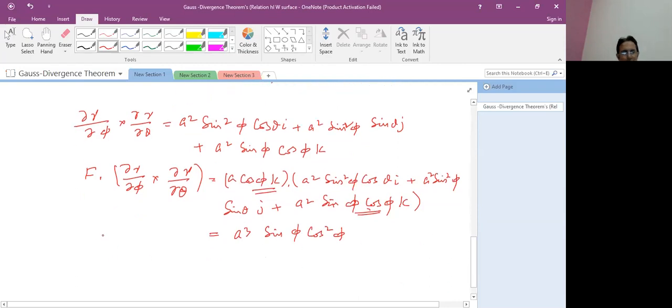Student, we have determined ∂r/∂phi into ∂r/∂theta.